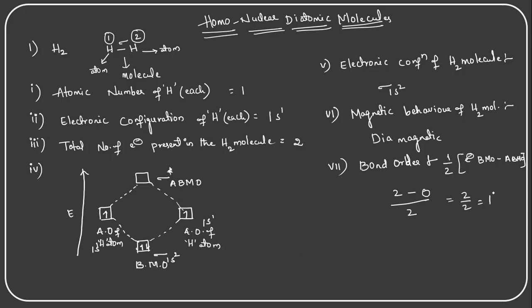That means the bond order will be 1. That means each hydrogen can form only a single bond with any other element, whether homoatom or heteroatom. So it can form only one bond. That is the bond order of the hydrogen molecule.